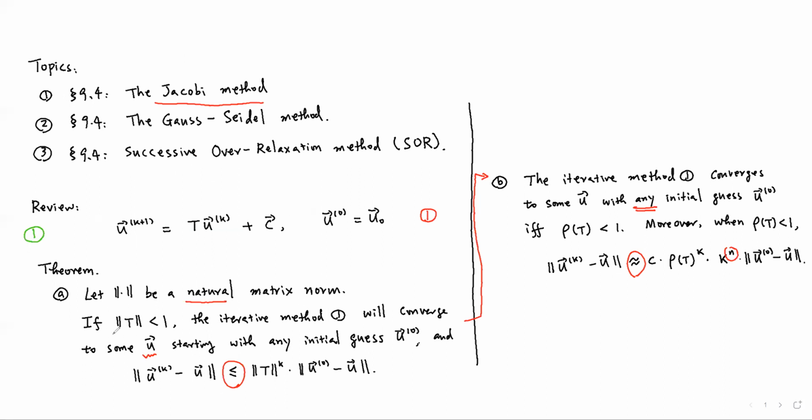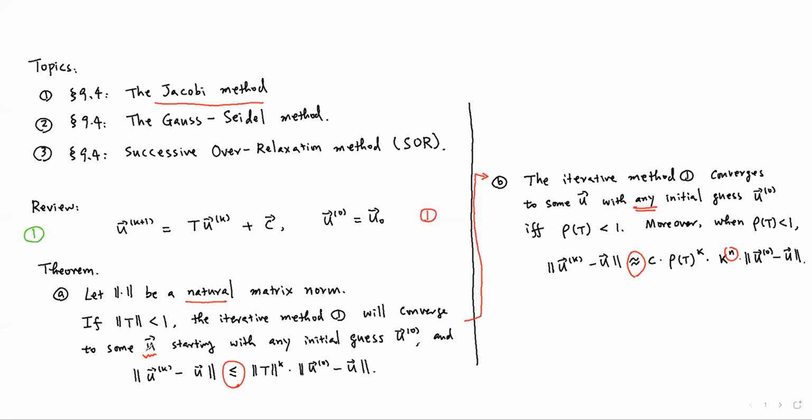You can compare a lateral matrix norm, then compare the norm of the iteration matrix. If the norm of the iteration matrix is less than 1, it is guaranteed to converge to some U.